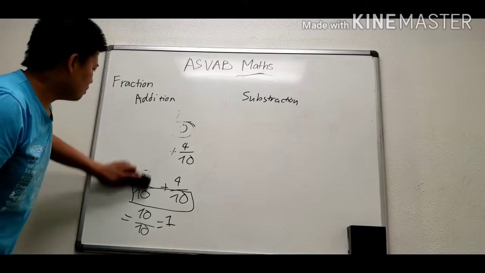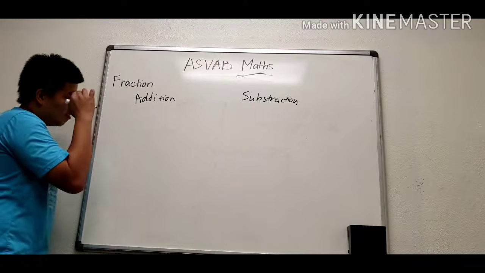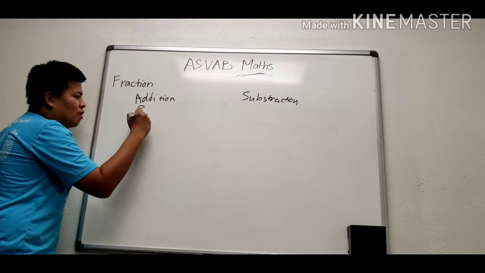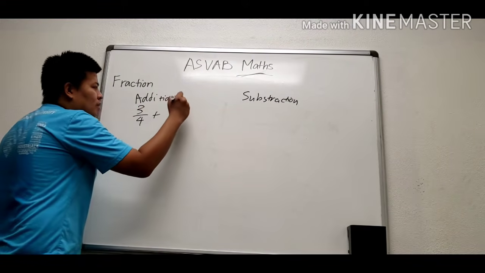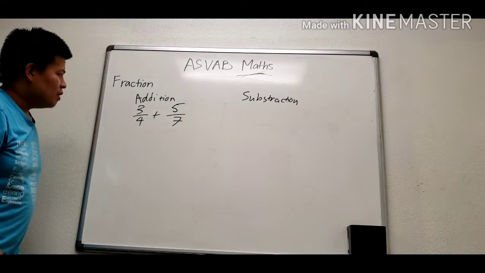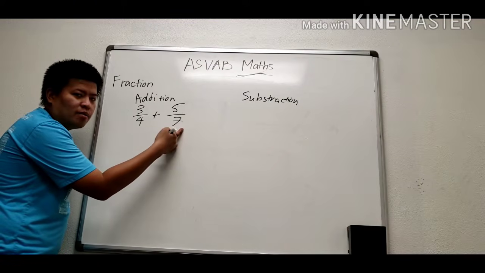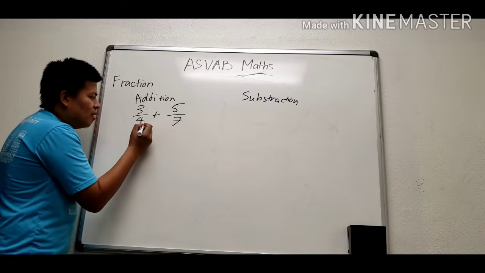Another example: we have 3/4 plus 5/7. We see that 4 and 7 cannot be made the same simply. Why?